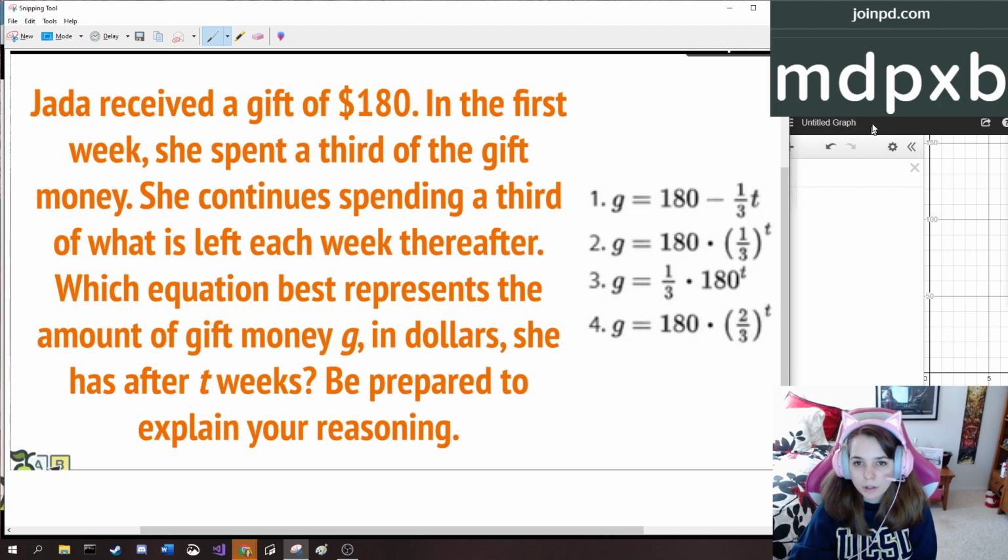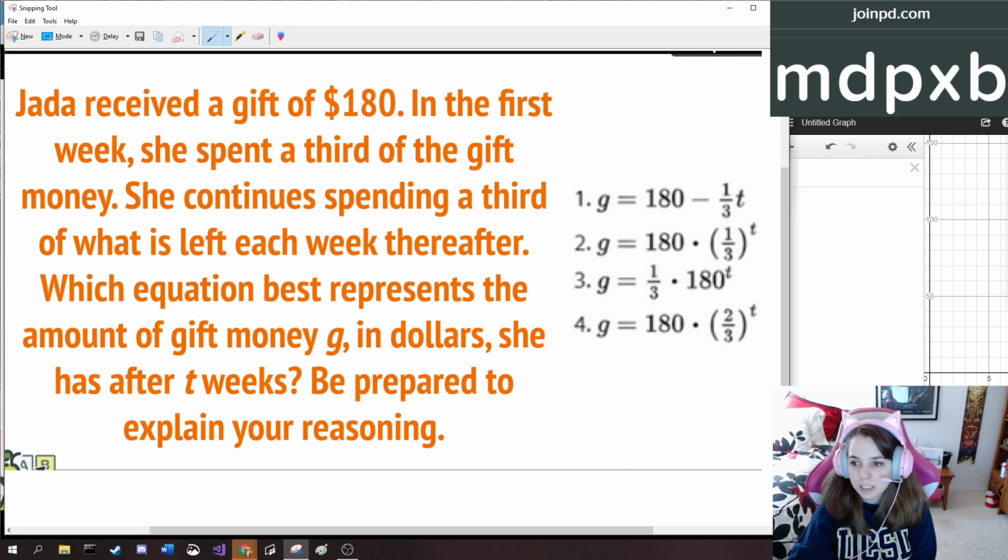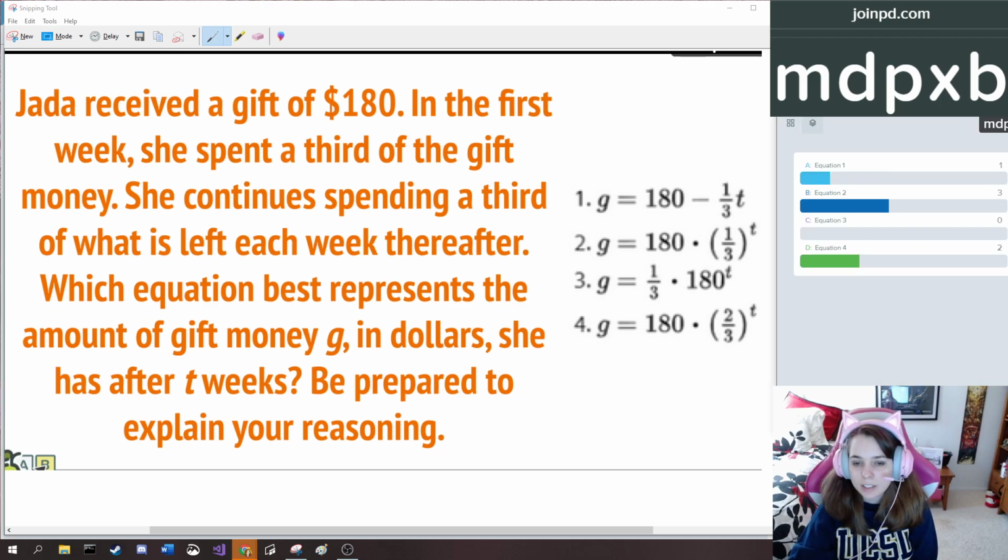All right, I'm going to show some of our responses. It looks like 1 of us thinks equation 1, 3 of us think equation 2, and 2 of us think equation 4. Let's take a look at these choices. The first one has a minus, so that means subtracting 1/3 each week.